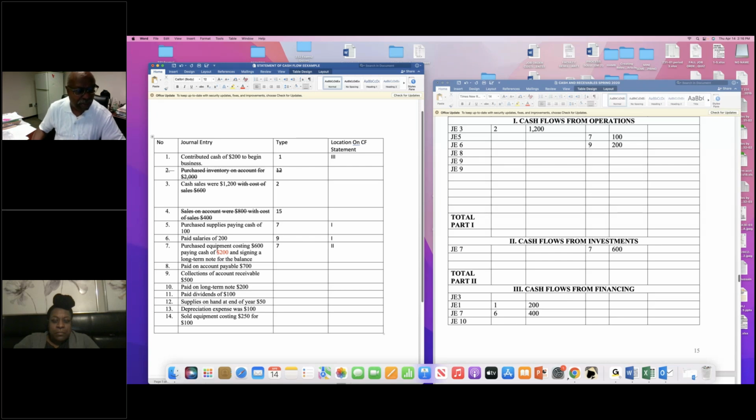Paid on accounts payable, 700. What's our type? Is it 8? That's a type 8. What part is it going to go in? It says 1 or 3.